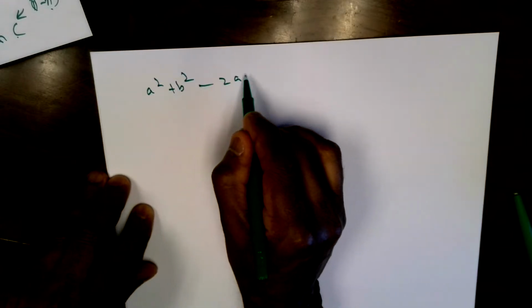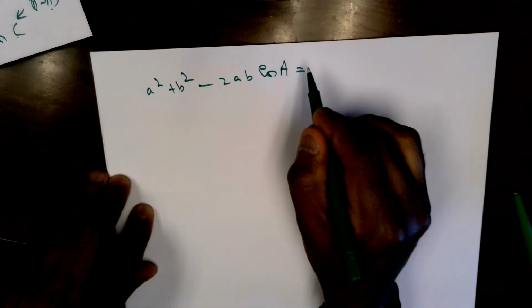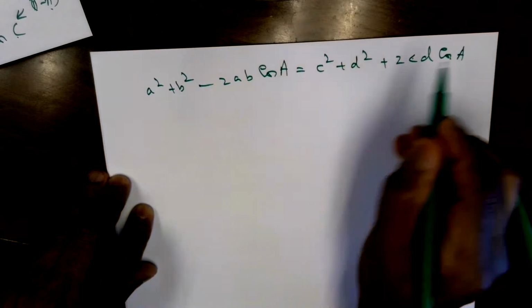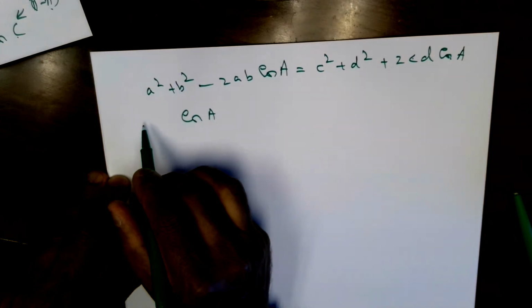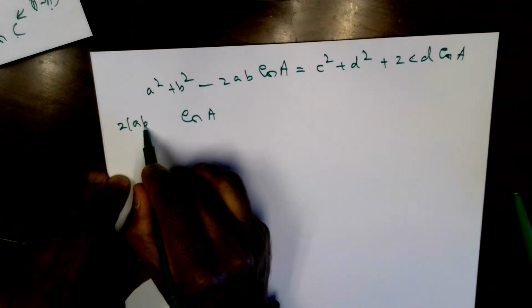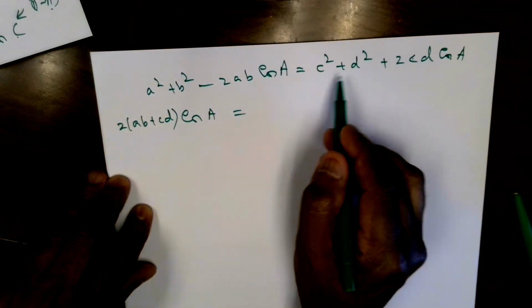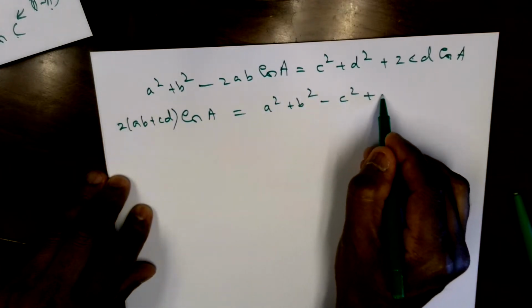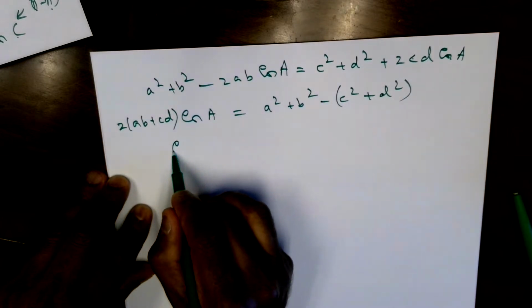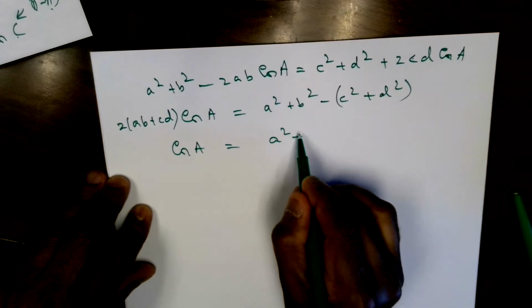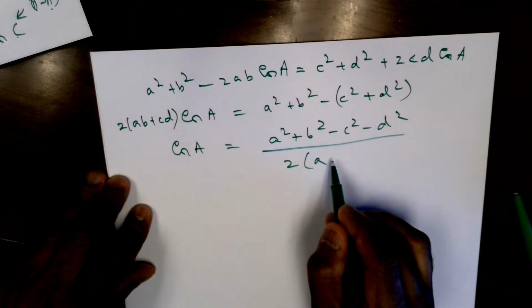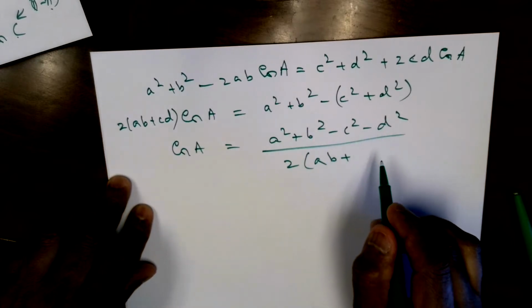So you get A squared plus B squared minus 2AB cos A equal to C squared plus D squared plus 2CD cos A. So we can solve for cos A. Cos A is A squared plus B squared minus C squared minus D squared, divided by 2 multiplied by (AB plus CD).